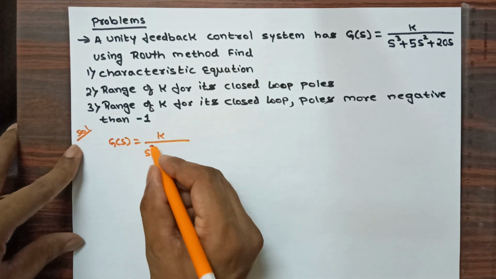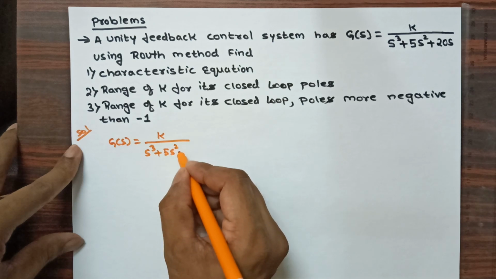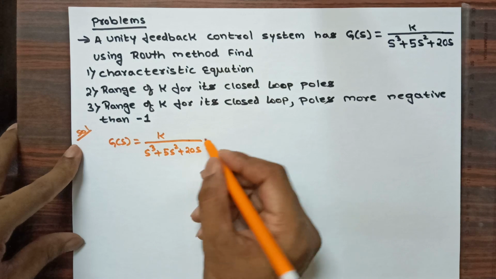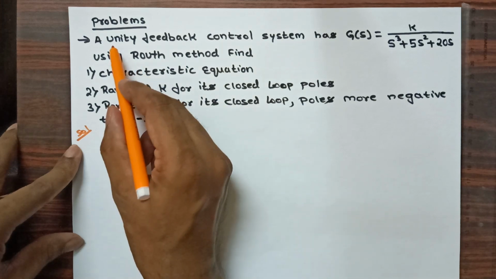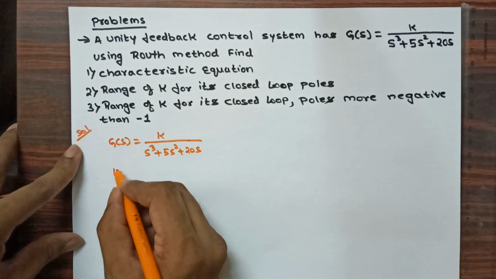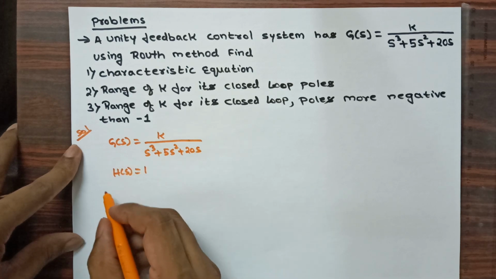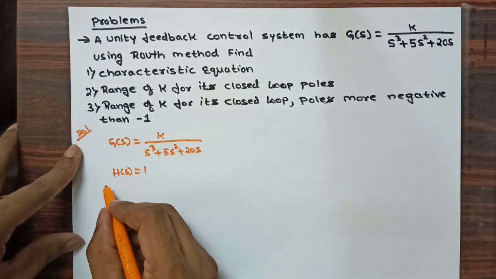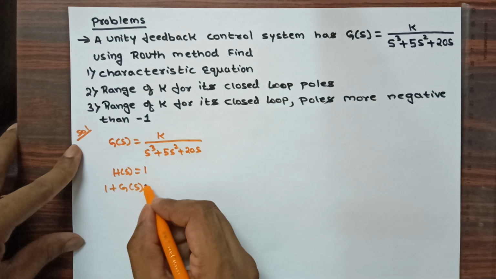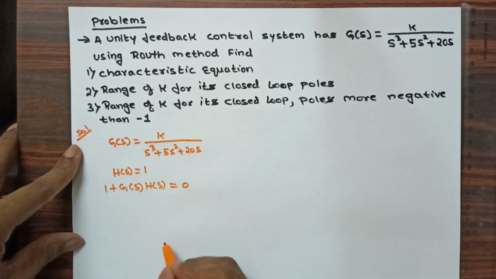Given G(s) is equivalent to K divided by s^3 + 5s^2 + 20s. Now H(s), in the question it is given unity feedback, therefore H(s) is equivalent to 1, and we know the characteristic equation is 1 + G(s)H(s) = 0.